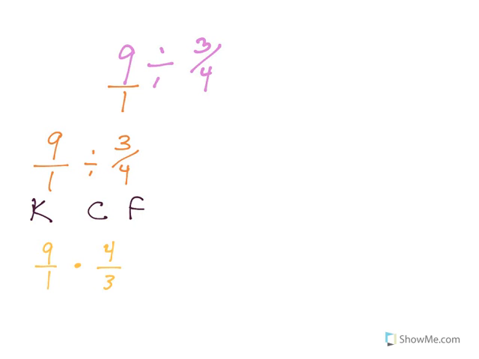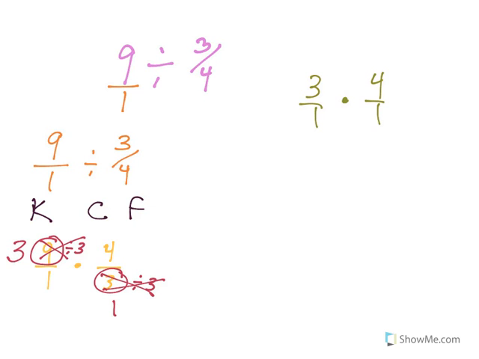Now, look, do we share any common factors, numerator to denominator? The answer is yes. 9 and 3 share a common factor, so I can divide both of those by 3. 9 divided by 3 is 3, and 3 divided by 3 is 1. So my new problem would be 3 over 1 times 4 over 1.